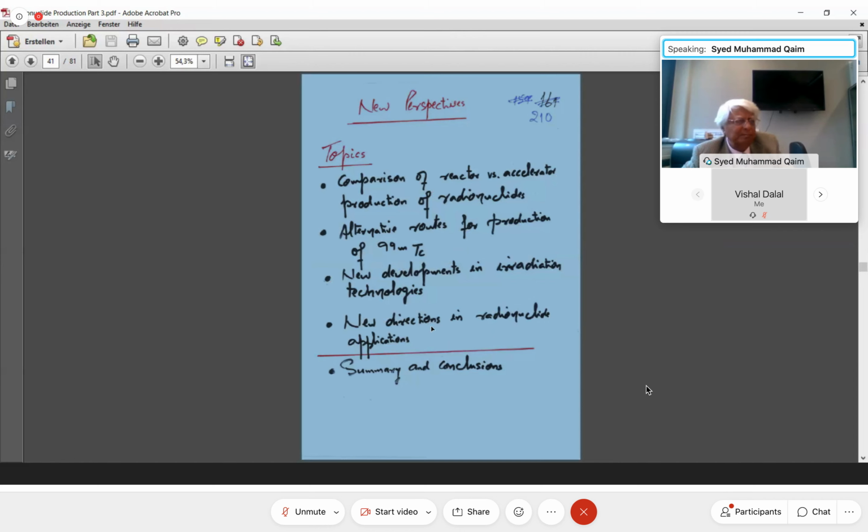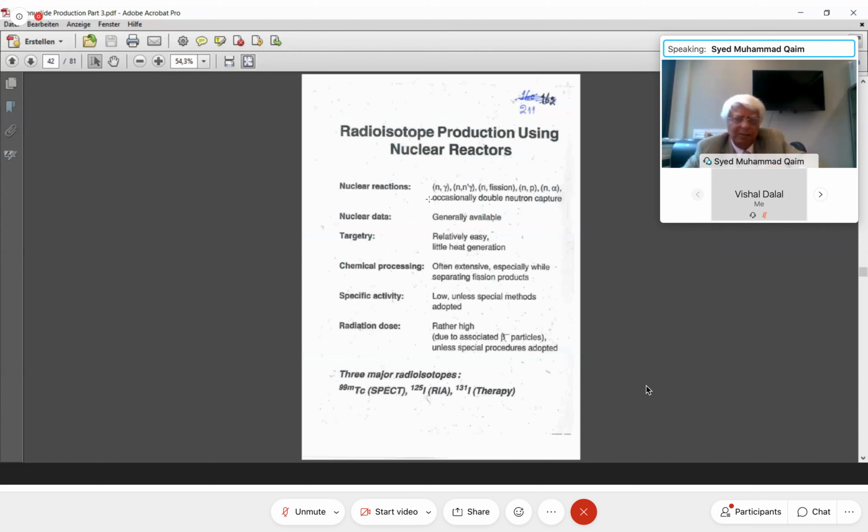Depending on the availability, it's not a simple therapy and not a simple diagnosis, but there are different aspects which are involved, which have to be considered. And we will then have summary and conclusions. So let's start with the comparison of reactor production and cyclotron production.